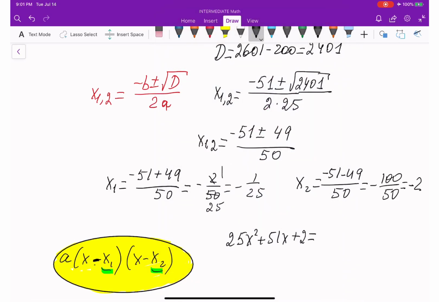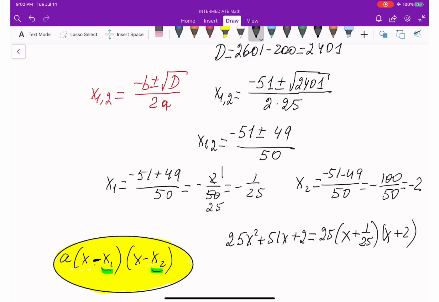So our a is 25, right? So we have x minus x1. My x1 is negative 1 over 25, so instead of minus, I will end up with plus. And x minus x2, I have here negative 2, so I will end up with plus.